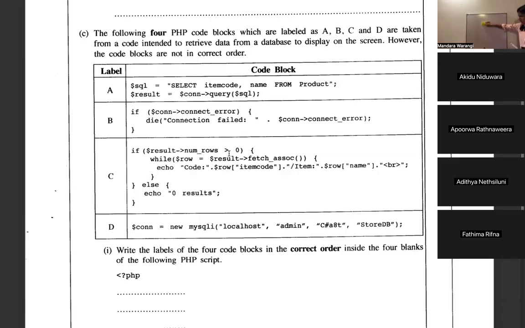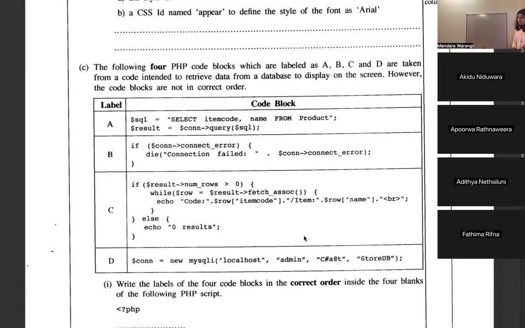The following four PHP code blocks, which are labeled A, B, C, and D, are taken from a code connected to retrieve data from a database to display on the screen. However, the code blocks are not in the correct order. So write the labels of the four code blocks in the correct order inside the four blanks of the following PHP script. So they are asking us to put these code blocks into the correct order.